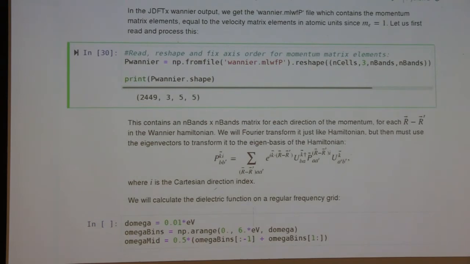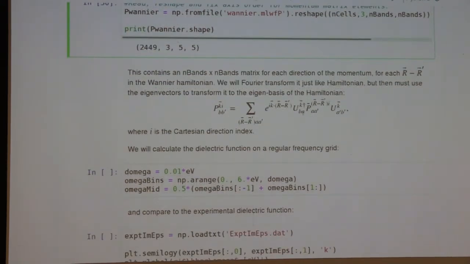So I need to Fourier transform the momentum matrix elements, and then I need to unitary transform them to the basis where the Hamiltonian is diagonal. So these U matrices here are precisely going to be the eigenvectors that I get when I diagonalize the Hamiltonian.